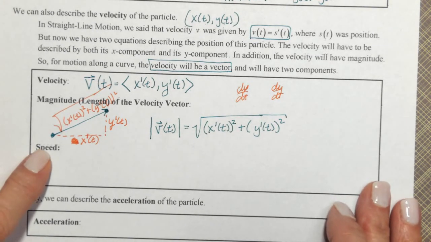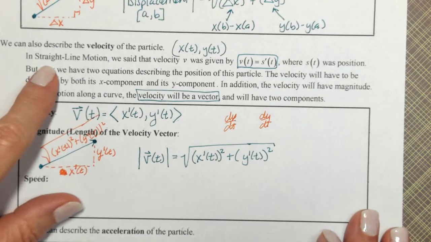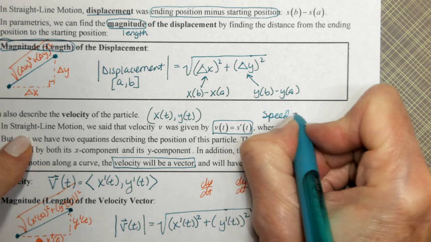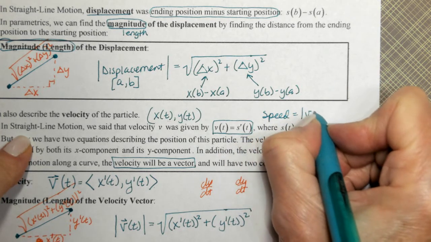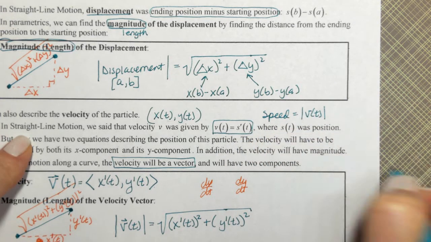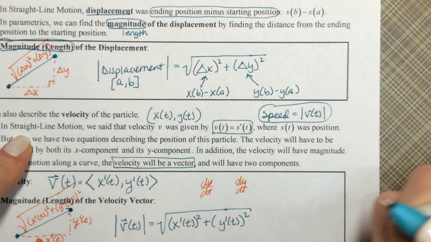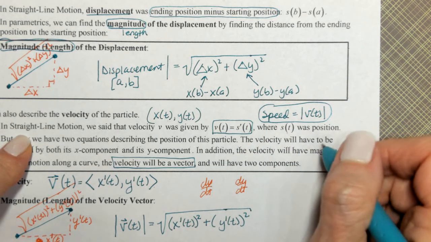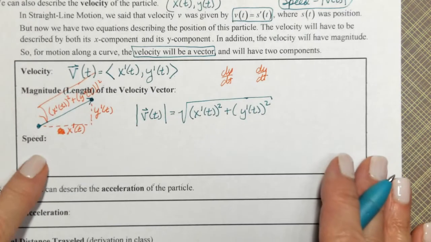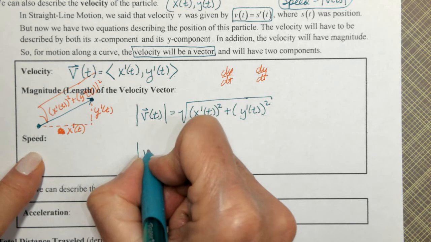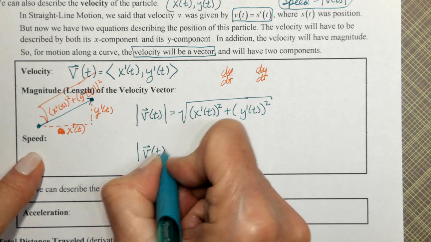Speed. Back when we did straight line motion, speed was the absolute value of velocity in straight line motion. That was what speed was. I said speed could never be negative. Well, speed is still the absolute value of velocity, but now velocity is a vector.